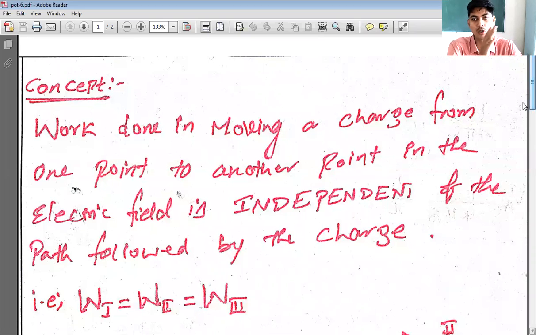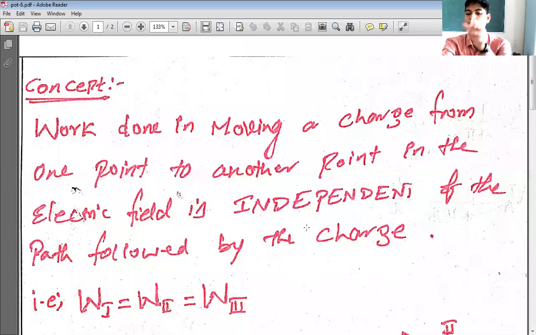If you are moving a charge from one point to another point in the electric field, you will have to do work against that electric field. Remember, this work done in moving charge from one point to another point in the electric field is independent of the path followed by the charge.